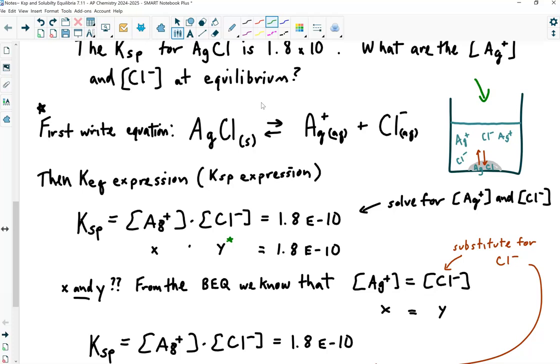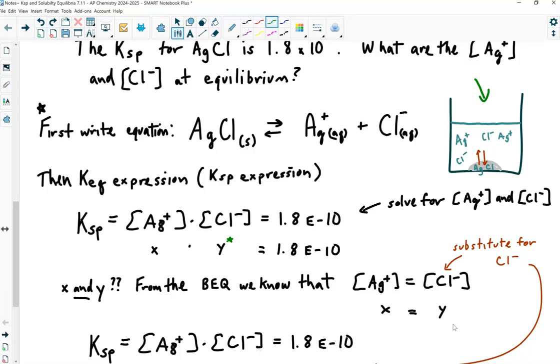In fact, if x is the concentration of silver and y is the concentration of chloride, don't they have to be equal because of the 1-to-1 mole ratio? So it turns out that x equals y. Your silver ion concentration equals your chloride ion concentration because of the 1-to-1 mole ratio. So wherever you see chloride ion, you can plug in silver ion. Yes? It's a direct substitution.